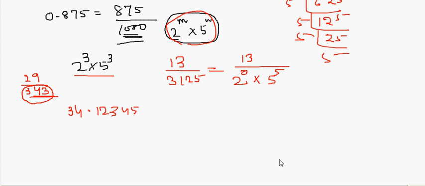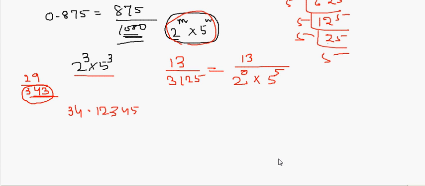Now this is visibly showing that it has a terminating decimal expansion. There is nothing being repeated. So its denominator has to be in the form of 2 to the power m and 5 to the power n, because it is terminating.